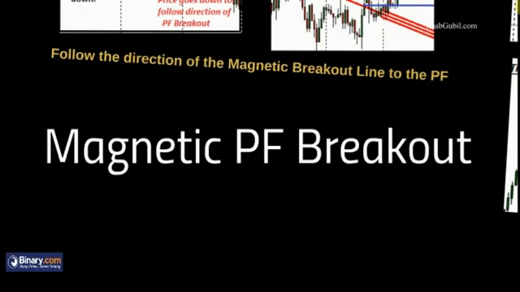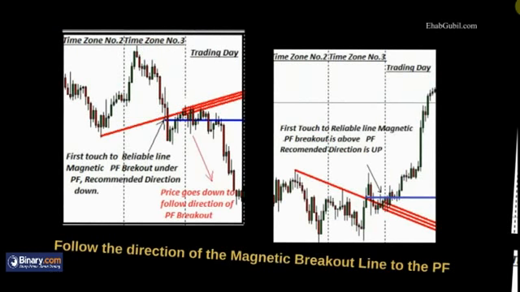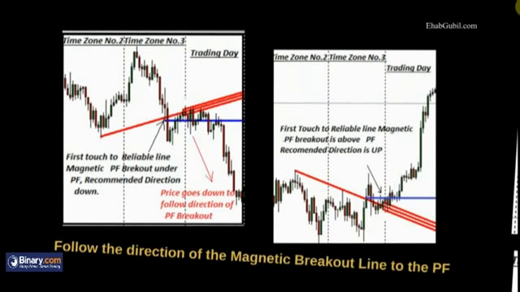Here is a new tool that totally depends on reliable line breakout. The magnetic PF breakout is a powerful tool that we'll take apart in our trading system later, and most of our trading decisions will depend on it.